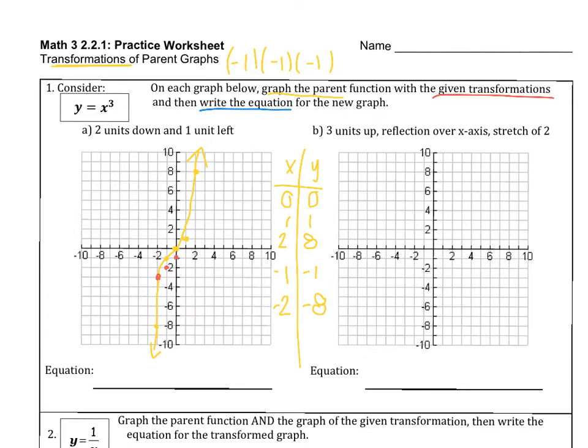Come down here to the point -2, -8, and translate that one, down 2, left 1. And same with the point 2, 8, down 2, left 1. So now I've got this new function in the pinkish color, and if I sketch that, let me try that again.